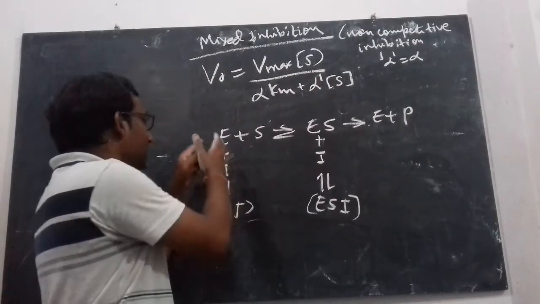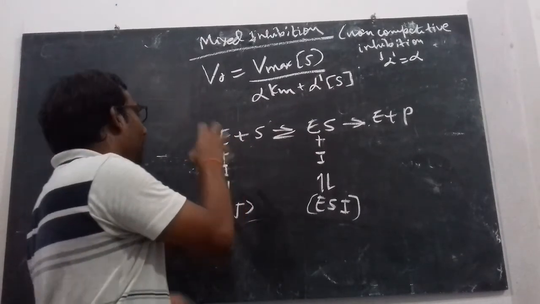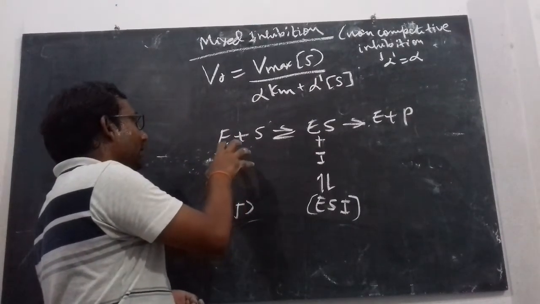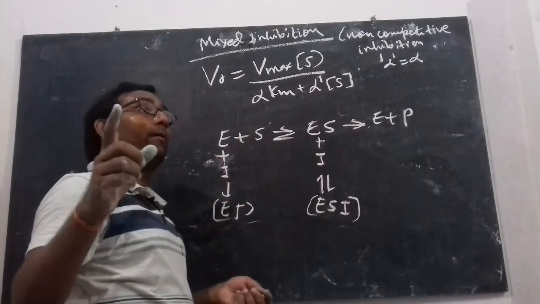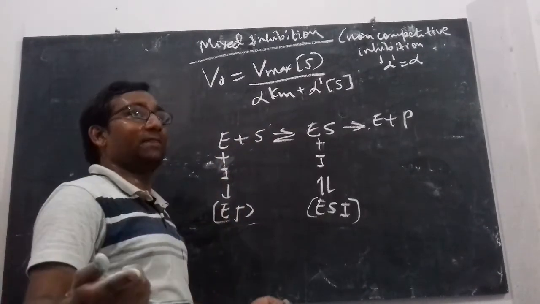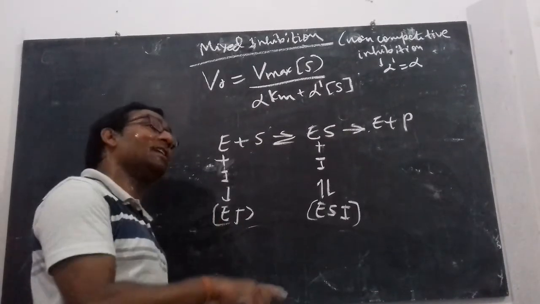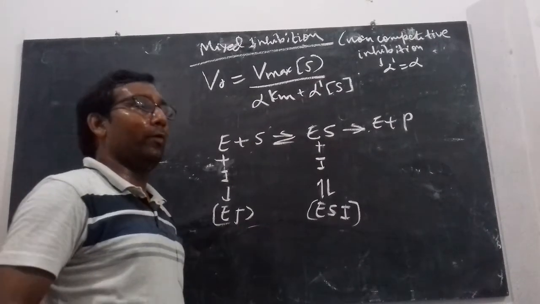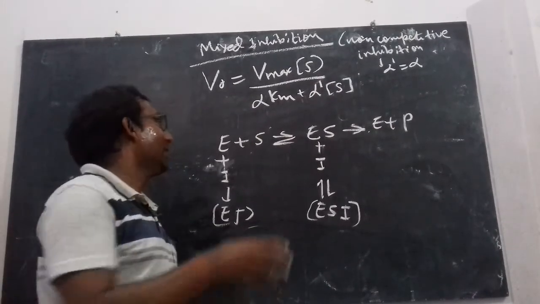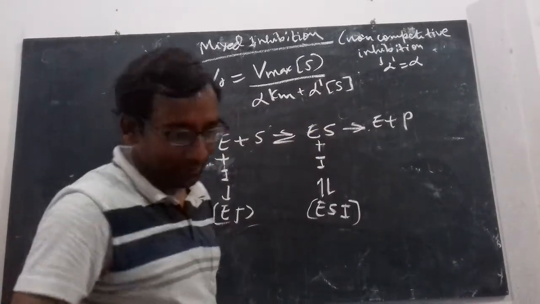Mixed inhibitors bind to the enzyme or to the enzyme substrate complex, but at a site other than the active site where the substrate binds. Like uncompetitive inhibitors, they bind to some other place, not at the active site, but they can bind either to the free enzyme or to the enzyme substrate complex.